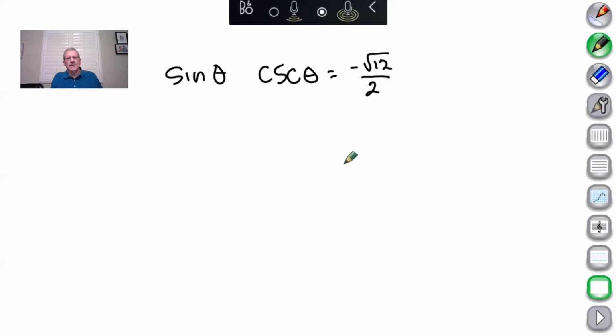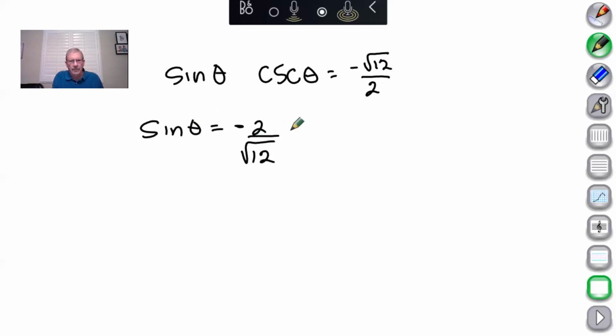So the sine of theta would be the reciprocal of this, which is still going to be negative. If the number is negative, its reciprocal is negative: negative 2 over radical 12.